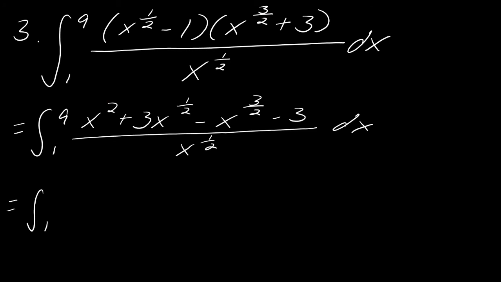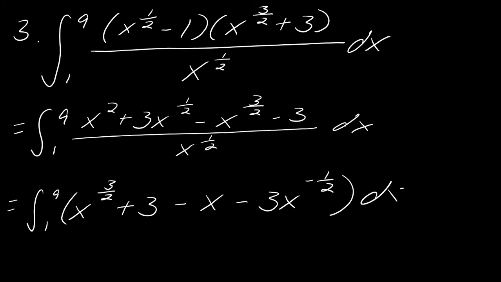So now what I need to integrate is x to the 3/2 plus 3 minus x, and then minus 3x to the negative 1/2. Now that I've broken this up into a bunch of different terms, I have to put parentheses around that. Okay, so this I can definitely integrate. This is no problem. This is just using the power rule.